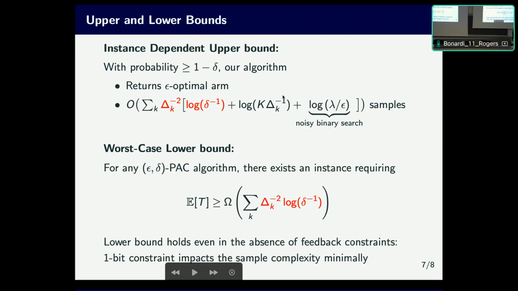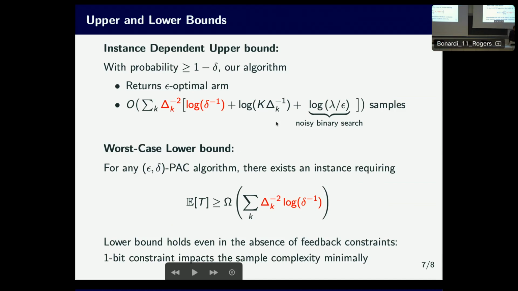Conversely, we have a worst-case lower bound that shows that any PEG-guaranteed algorithm will need at least this number of arm pulls. So we can see that they are kind of matching up to these two terms. And interestingly, the lower bound holds even in the absence of the 1-bit constraint.